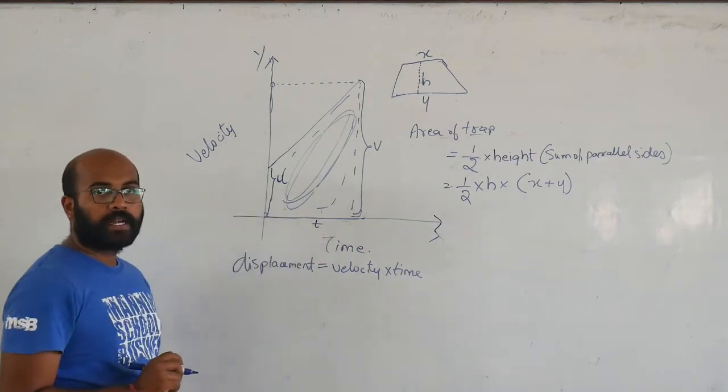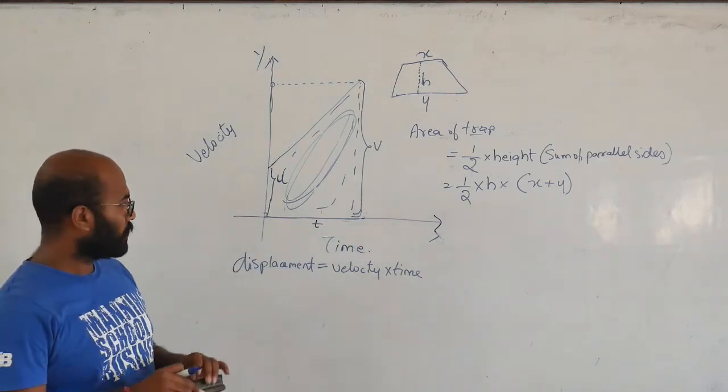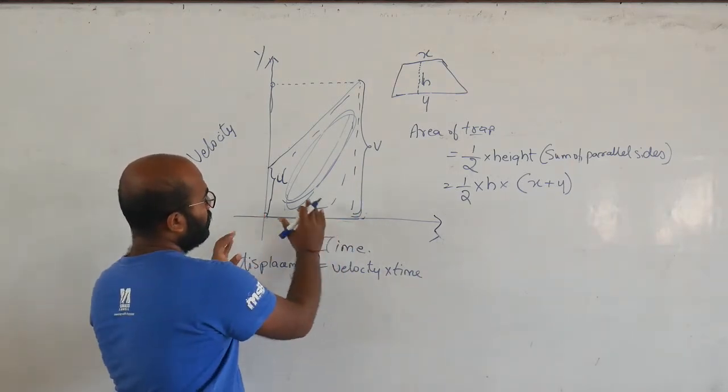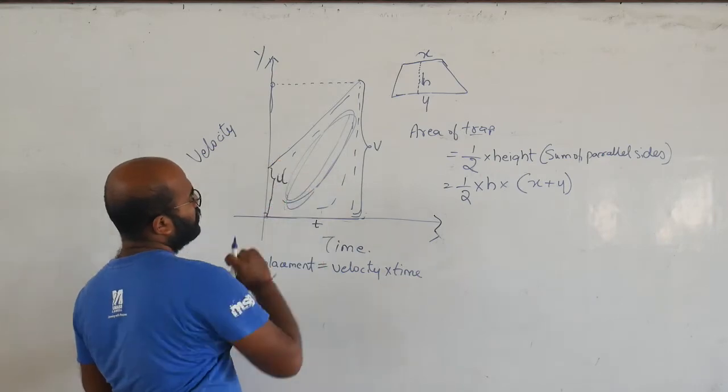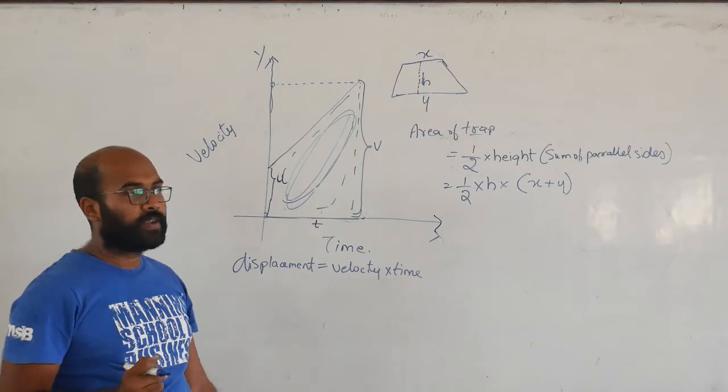This is t. So for a particular time period t, one parallel side is distance u, and another parallel side is length v.